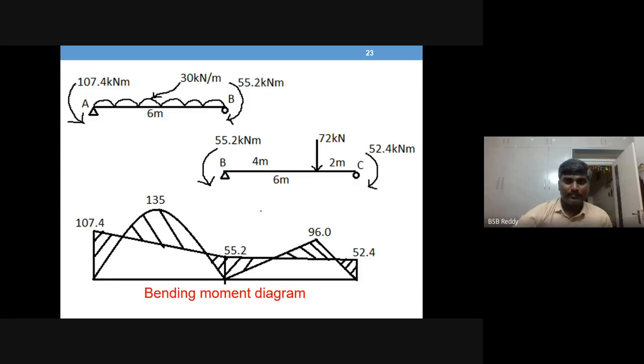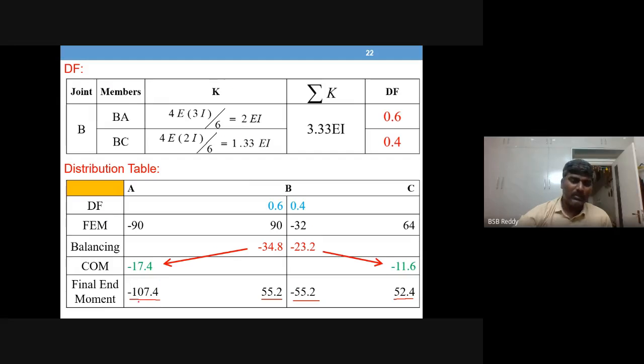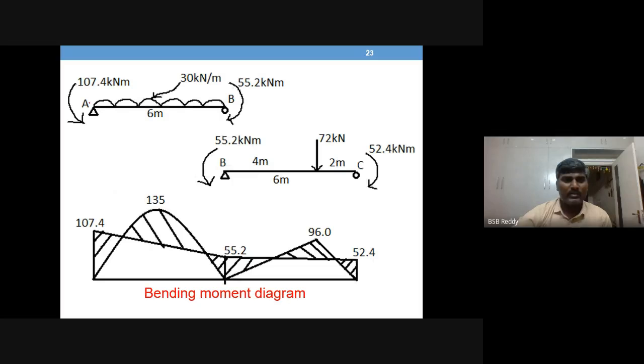See here, negative sign means anti-clockwise moment. So A has got an anti-clockwise moment of value 107.4. A was actually a fixed support.